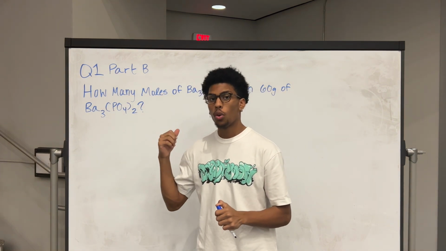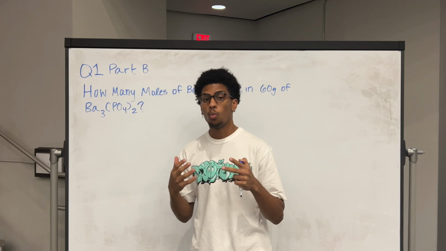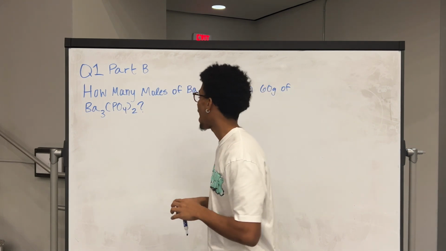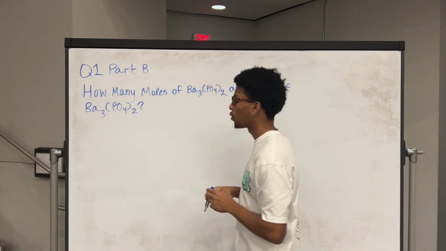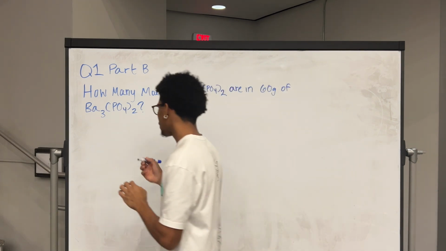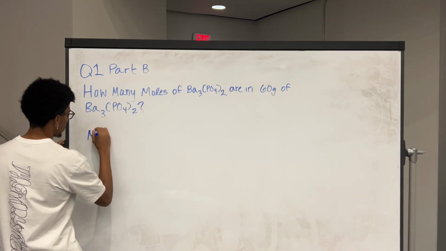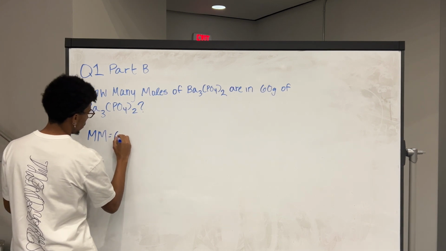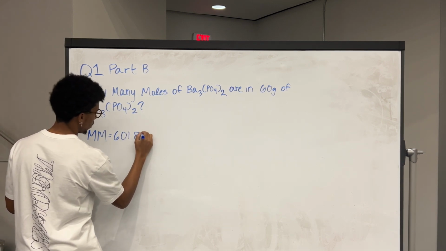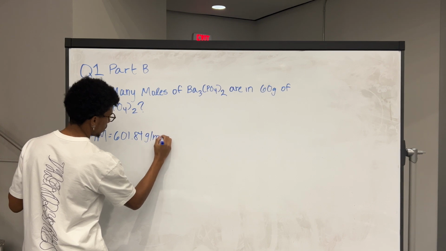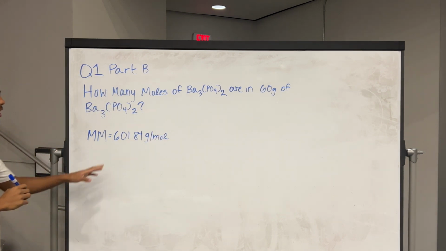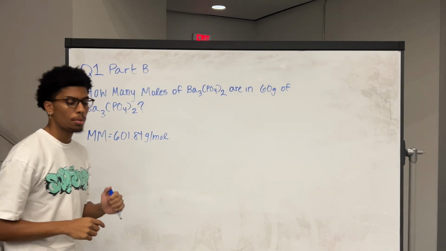But I'm just going to write what the molar mass was from part A. So the molar mass that we found for barium phosphate was 601.84 grams per mole.